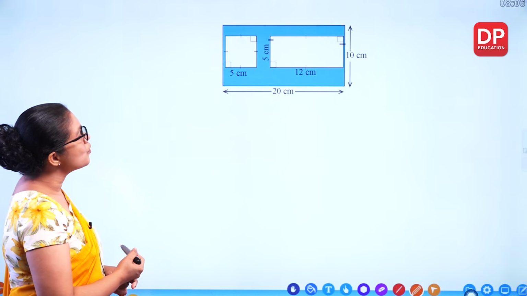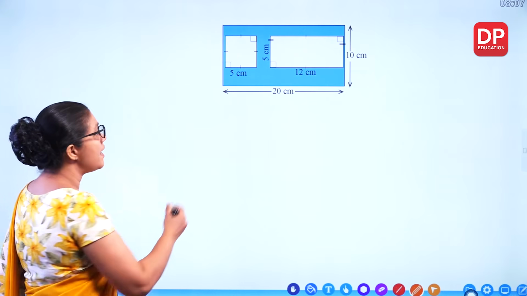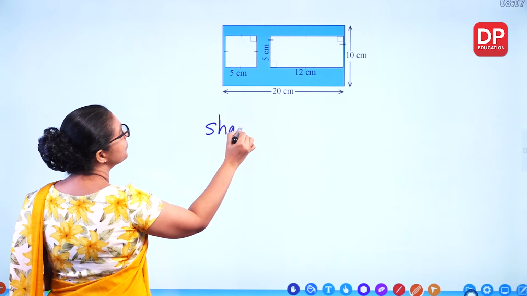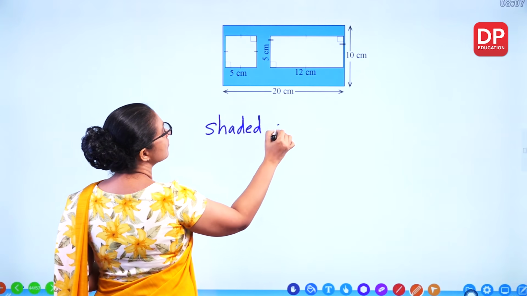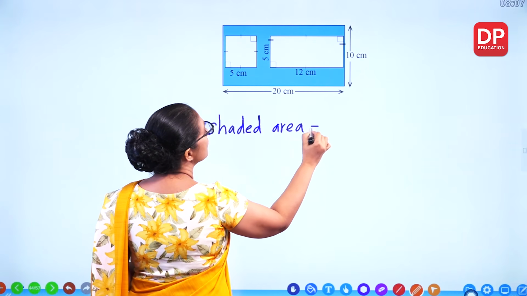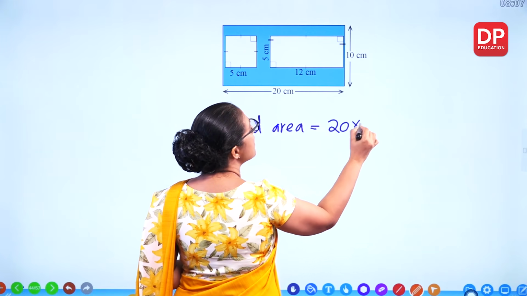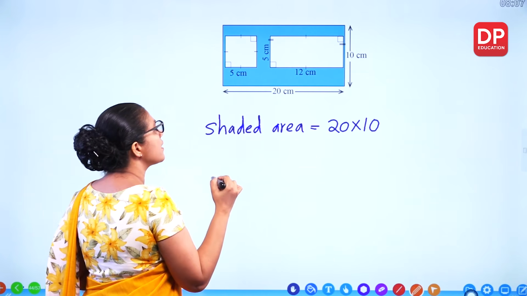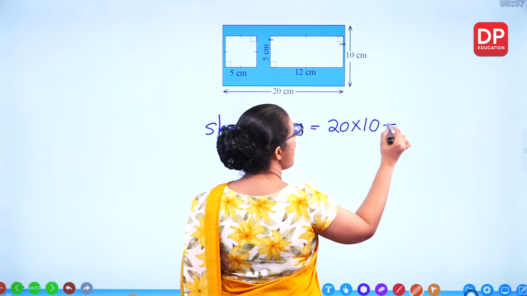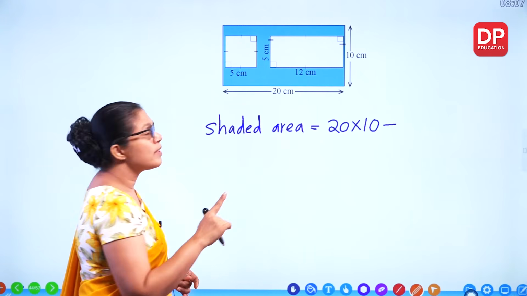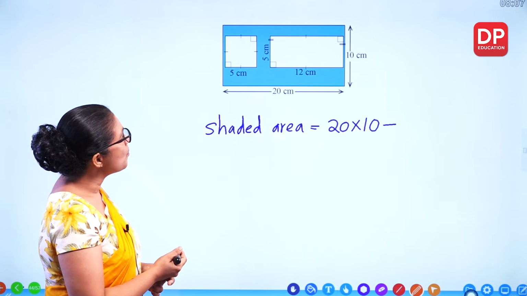This one. So you have to find out the shaded area. So what do you do? Bigger area. So 20 times 10. Length into breadth. And we have to subtract the total areas of the white ones.